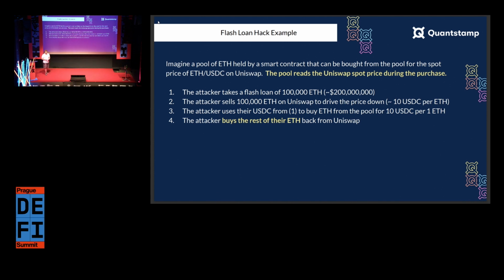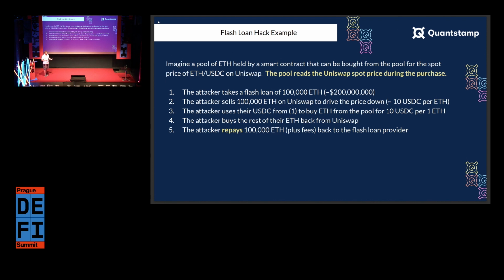And then when the attacker is done, they would have purchased their 20 million ETH from that pool. They would go back to Uniswap, and whatever USDC they have back, they would purchase back that ETH that they dumped initially, and eventually they would repay that flash loan of 100,000 ETH.